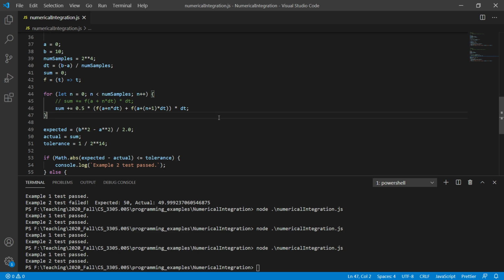And so depending on the method of integration that you use, you get a different error component based on whenever you limit the number of samples. For Riemann, the error is linear, and I believe for the trapezoid method, the error is going to be on the order of h squared or dt squared.